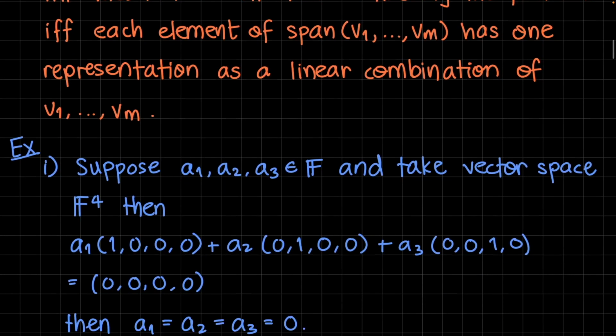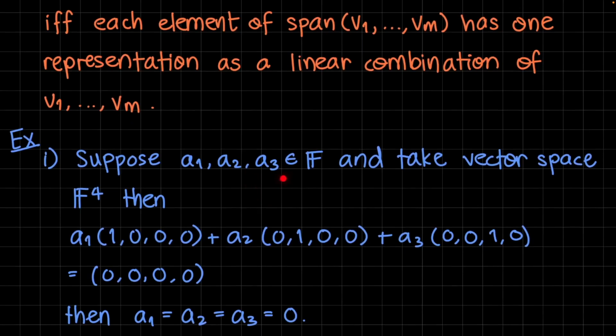Take an example now. Suppose a1, a2, a3 belong to the field and the vector space we're taking is F4.